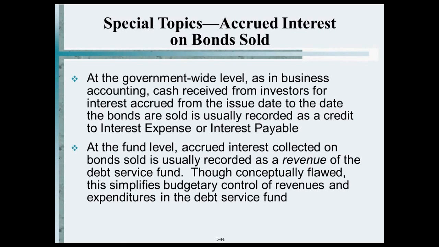The person who buys your bond also has to pay for the accrued interest to that period, right? That's what that is. So the accrued interest, and who's responsible for paying the interest? The debt service fund. So any accrued interest has to go to the debt service fund. And that's how that works. That's why it says revenue of the debt service fund.